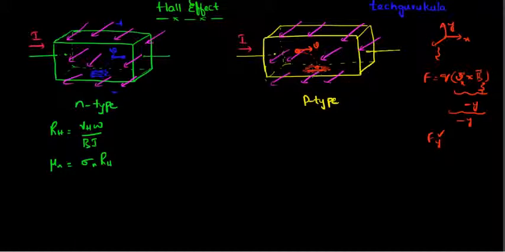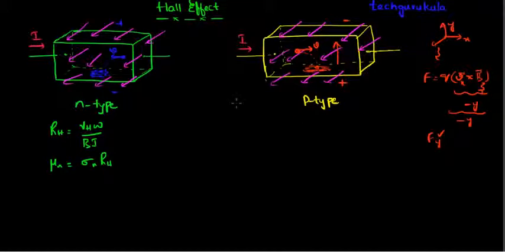Now as the holes are accumulating in the bottom phase, this becomes positive with respect to the top phase. So there will be a Hall voltage built up, due to which there will be an electric field. This electric field will be pointing upwards, which will actually oppose this Lorentz force. As a result, these forces will balance out at some point where it reaches steady state.